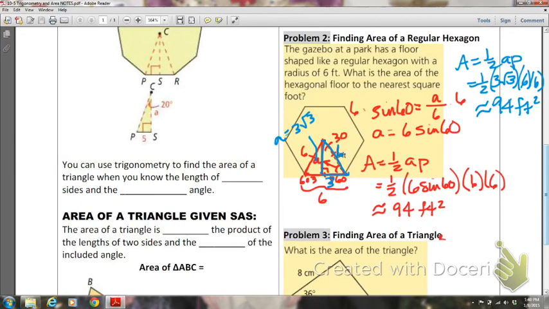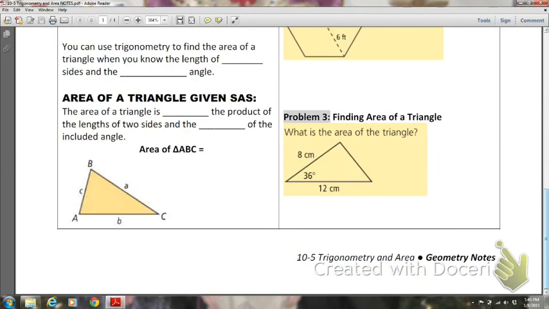Let's go on to problem 3. In this last problem, we're finding the area of a triangle when we know two of the sides and the angle that's included in between. So we can use that side angle side triangle formula that we were given.